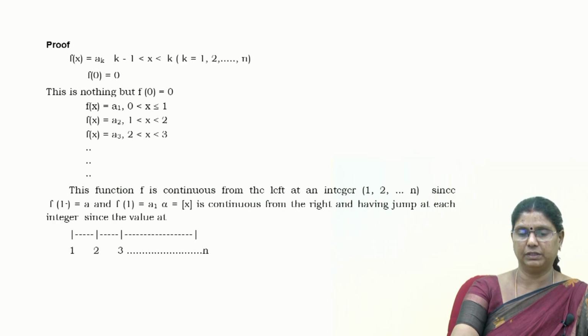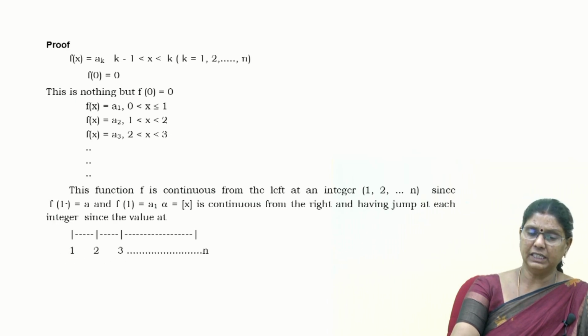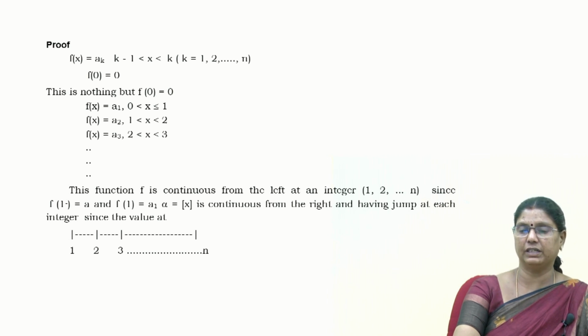Here is a proof for the above one: f(x) = a_k, where k − 1 < x ≤ k, and also f(0) is 0. So, if it is 0, then there is nothing to prove, and f(x) = a1, where x lies between 0 and 1, and similarly going on.